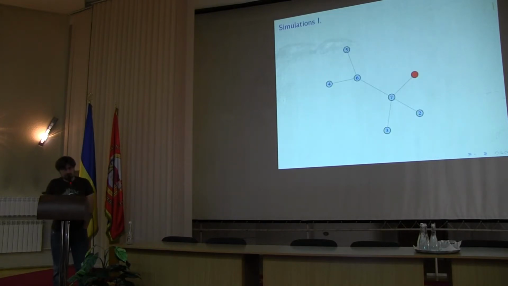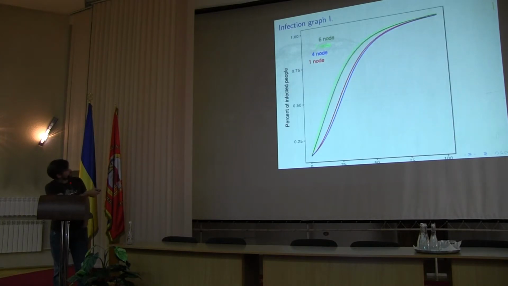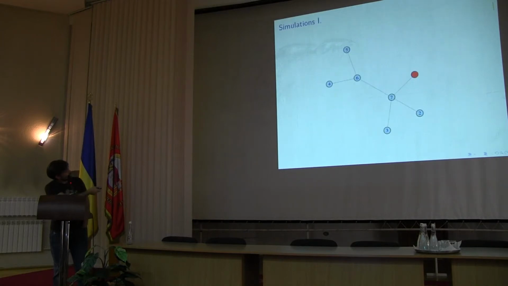And the last is a simulation of a very simple 7-node network with different starting infection points. We have, you see, the first node, the fourth node, the 7th, and the 6th. As you see, they go into one of these classes; only 4 classes of infection spread are possible.